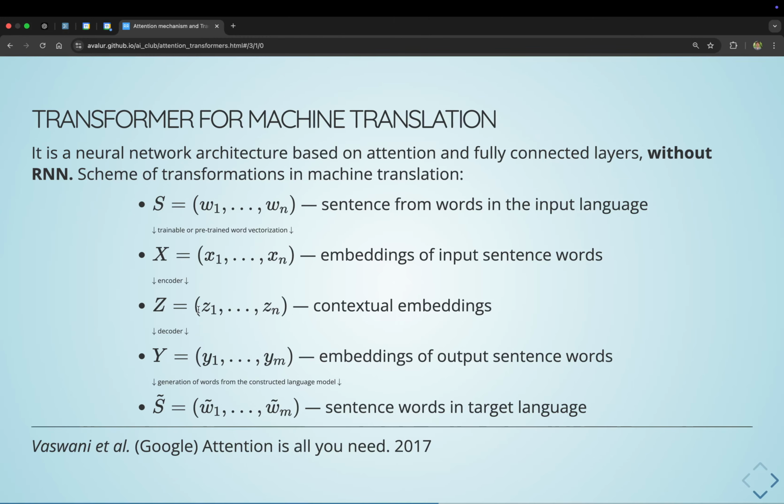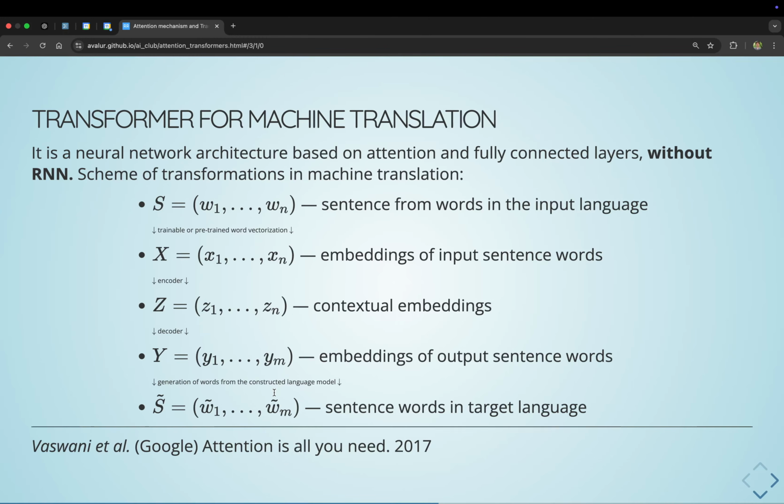we put them to the decoder. There we actually have embeddings of output sentence words. And here again we perform an attention block between the contextual embeddings from the encoder and the embeddings of output words in the decoder, and the model then generates new words from our language model.